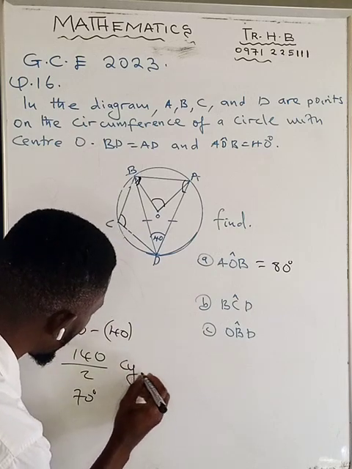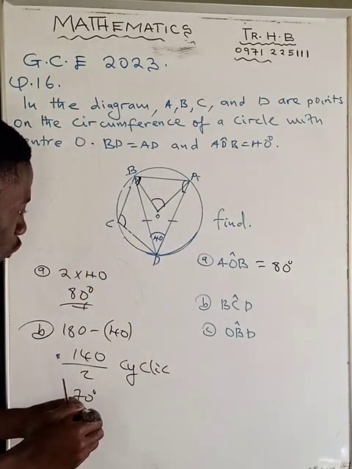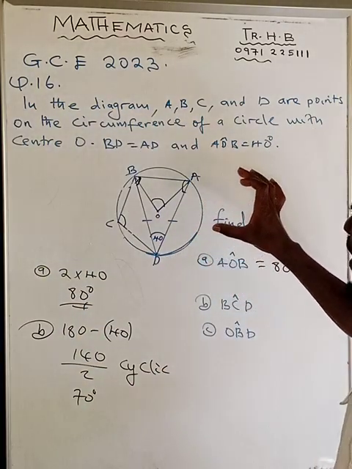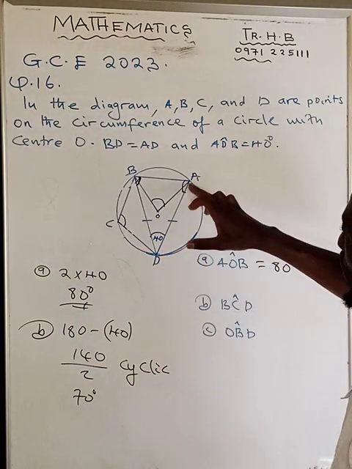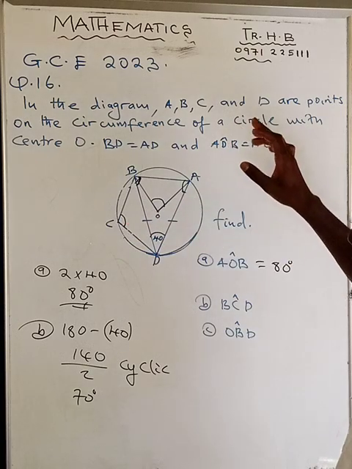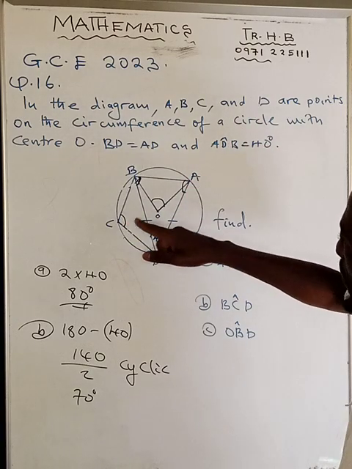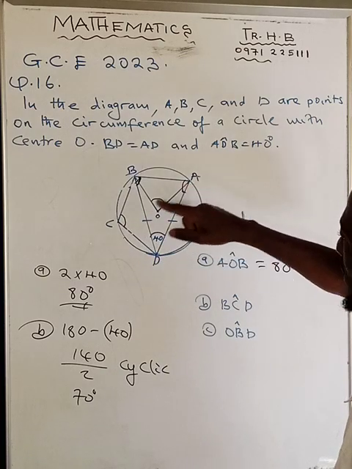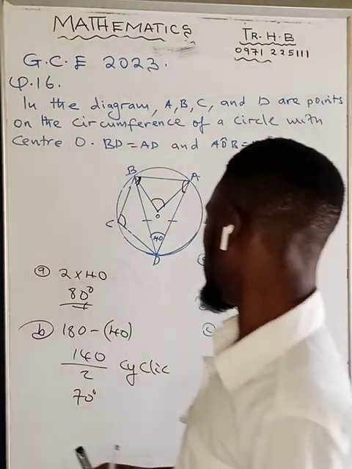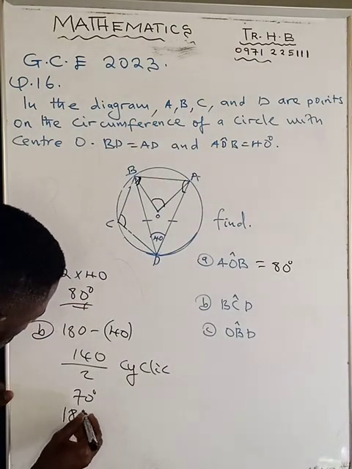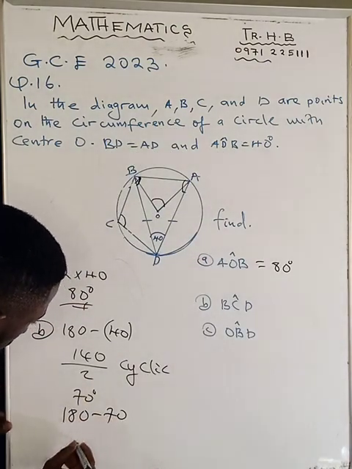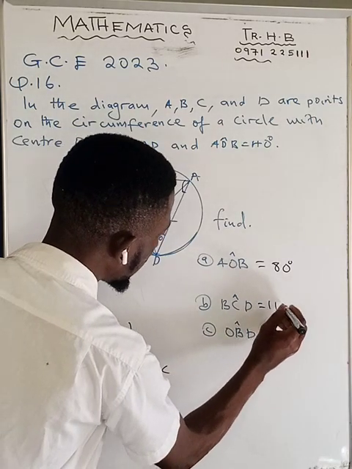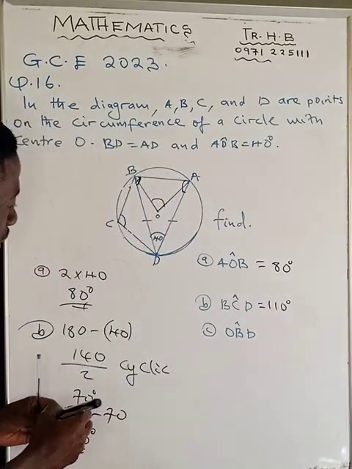A cyclic quadrilateral is a four-sided shape whose corners touch the circumference. Therefore, when we add this angle plus this angle here, we should get 180. So if this angle is 70, then this angle here will be 110. So you can easily say 180 minus 70, and you'll get 110. So the answer here is 110 degrees.